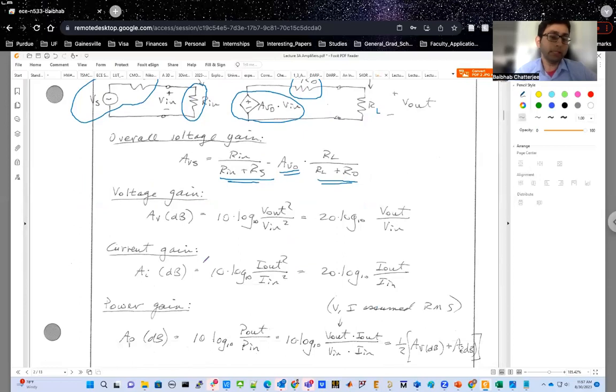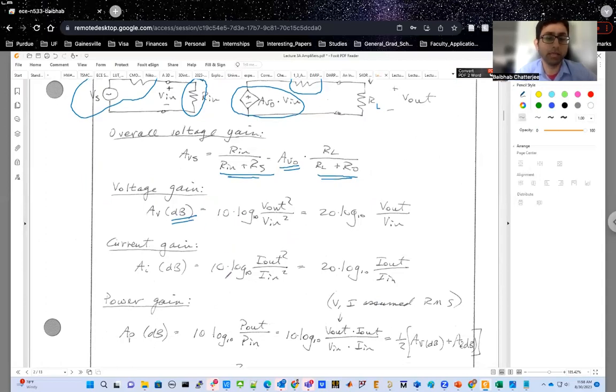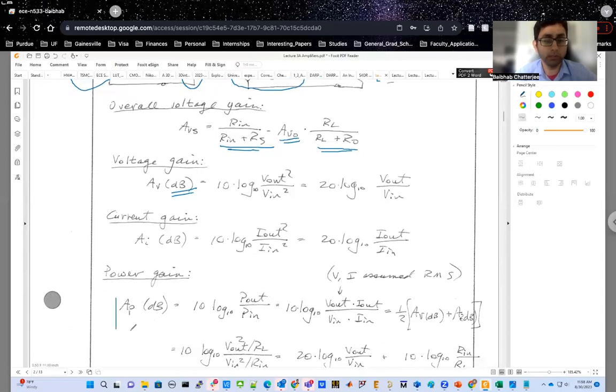Now, in many cases, you'll see that the voltage gain is expressed in terms of dB scale or decibel scale. If you are familiar with logarithms, this is something you are already acquainted with, how to represent a voltage term or a current term in terms of dB or decibel scale. The decibel is actually defined in terms of power, that the power gain is represented in dB as 10 times logarithm to the base 10 of P out over P in.